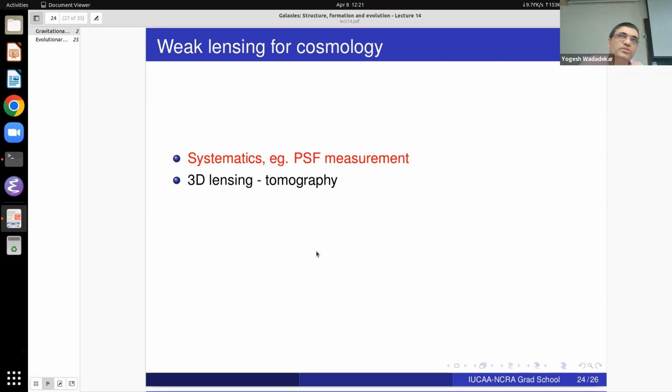If you have a large pencil beam survey where you measured the redshifts for thousands of galaxies, you can do this kind of mass modeling in different slices in redshift, like we did for the cluster. And that was how that 3D tomographic map of the Cosmos survey was constructed.